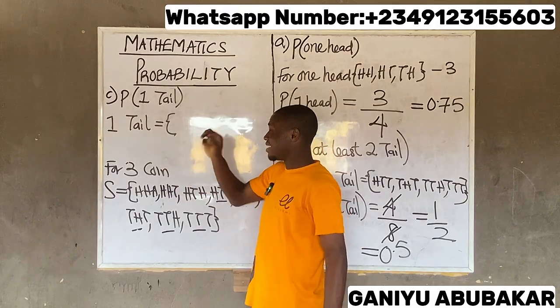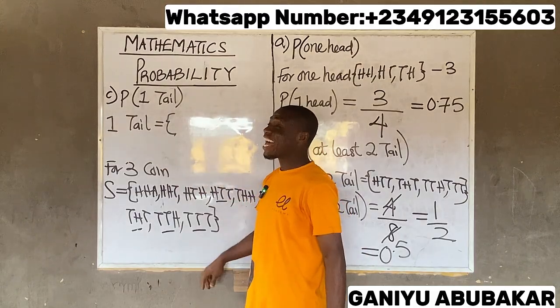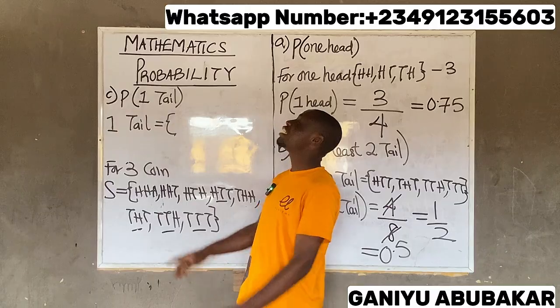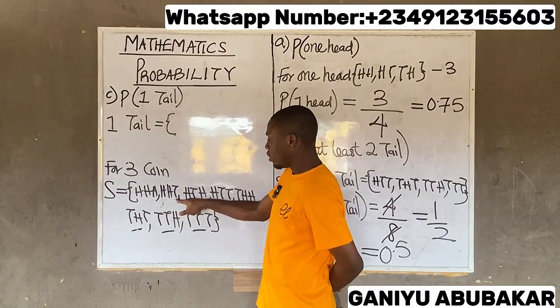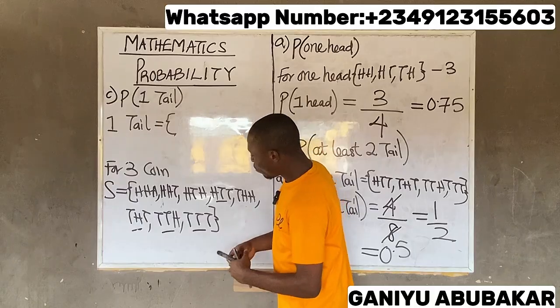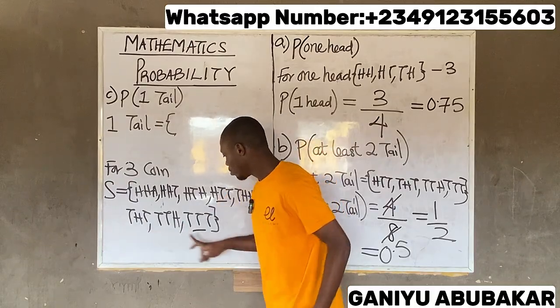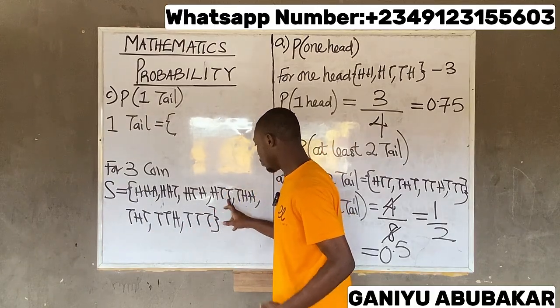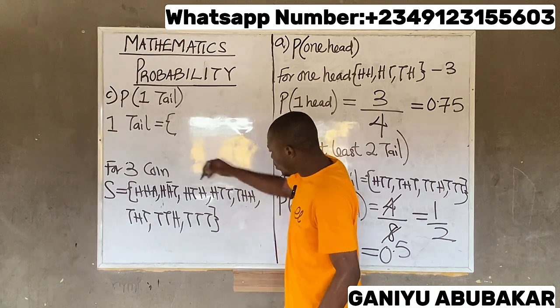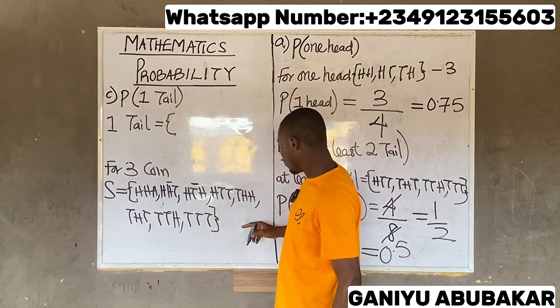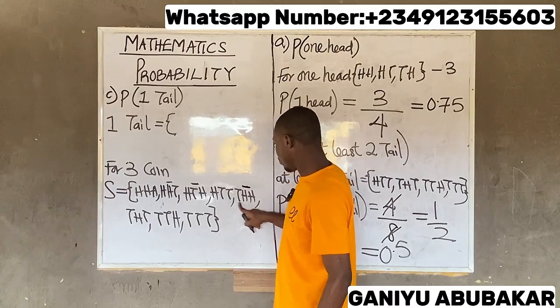Exactly one tail. They didn't say at least one tail, they say it must be exactly one tail. Will I see this one tail? See, here is one tail. Let me clean this one here so there is no confusion. This one here is having exactly one tail.